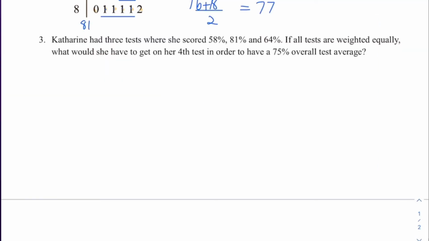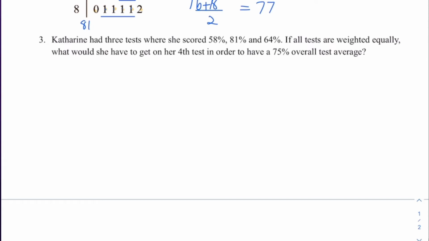Now for this one, guys, Catherine has 3 tests where she scored 58, 81, and 64, and she has a 4th test to add to this. And if she wants to have an overall average of 75, what should she get on her last test?